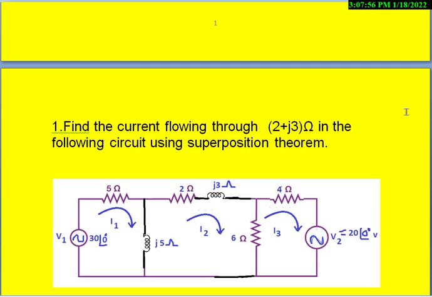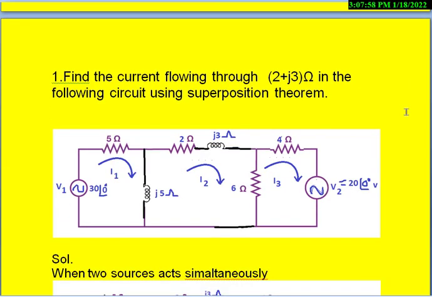Let me consider a numerical problem like this. It is required to calculate the current flowing through the 2 plus J3 ohms. This is one voltage source, this is another voltage source, called V1 and V2.